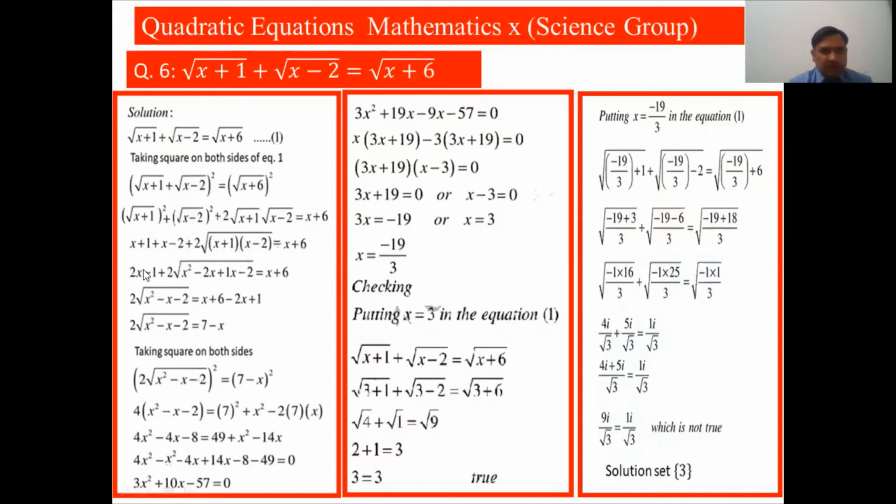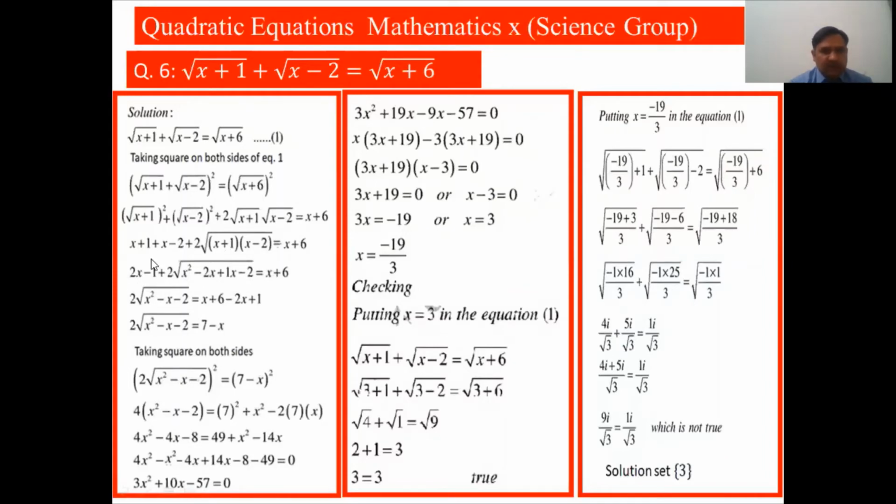Now we just have to multiply (x plus 1) with (x minus 2): x into x, x square, x into minus 2, minus 2x, 1 into x, x, and 1 into minus 2, we have minus 2, is equal to x plus 2.